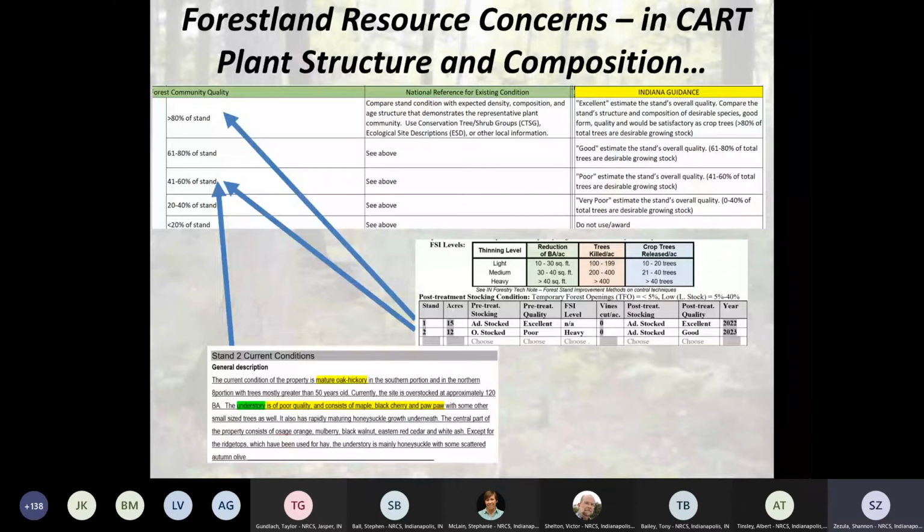Man, that means hardly anything, I would guess, to anybody, forester or agronomist. So that's where we did our best to try to help you out to know where these various stand conditions fit to assess this resource concern. And the value of CART is that a lot of those other questions that you've already answered for plant productivity and health are also assessed and used in this resource concern, but you don't have to do that twice.